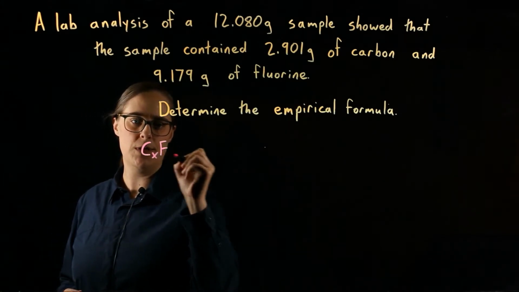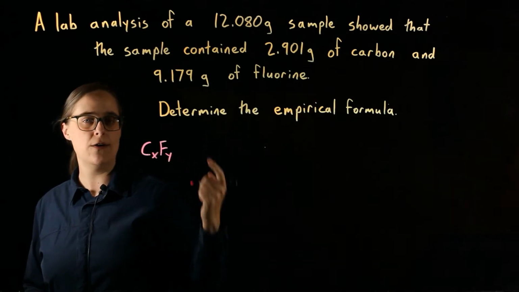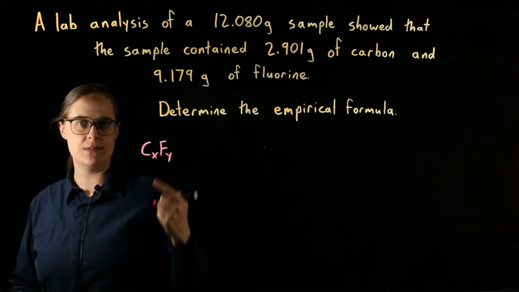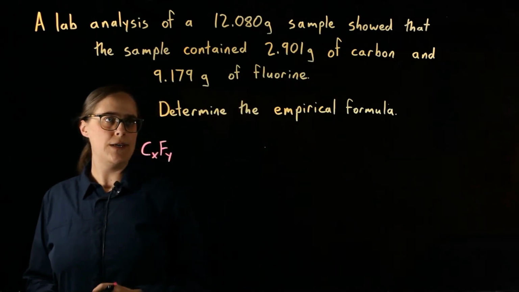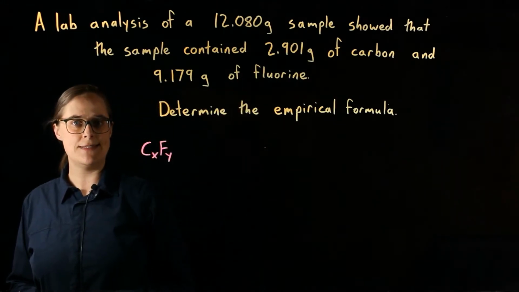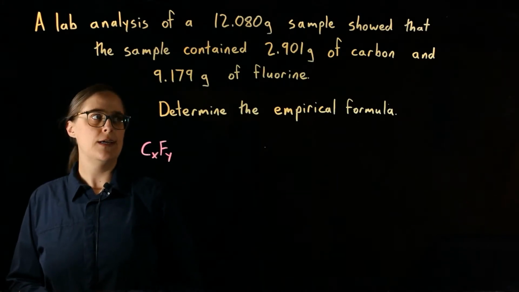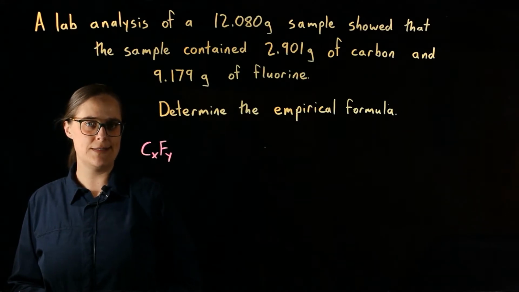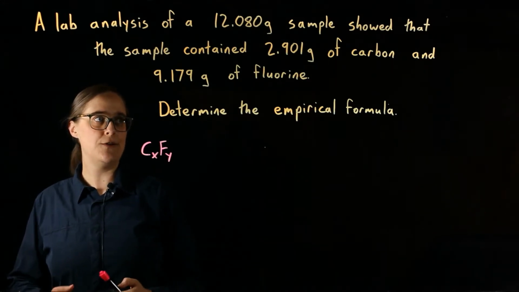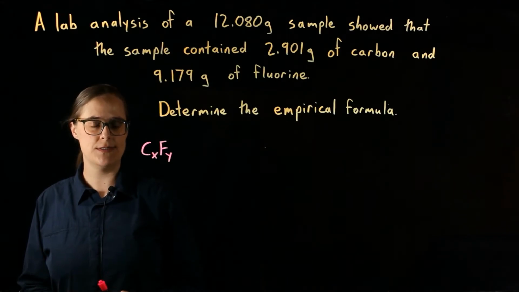So we want to come up with an empirical formula where X and Y are in the correct ratio but smallest whole numbers. Now, the data that we got from lab, we have masses of carbon and fluorine. These are in units of grams. Carbon atoms and fluorine atoms have different masses. So we are going to need to convert these masses into numbers of atoms.